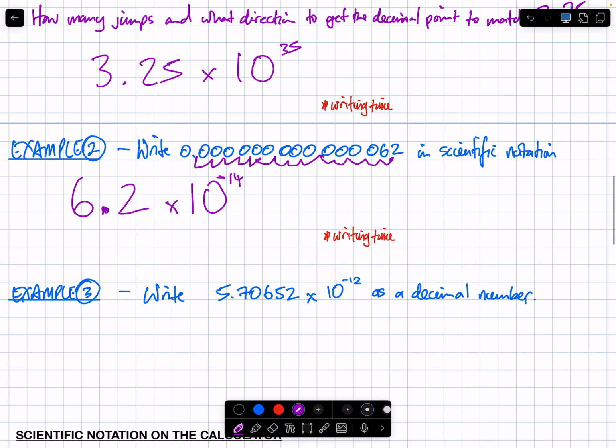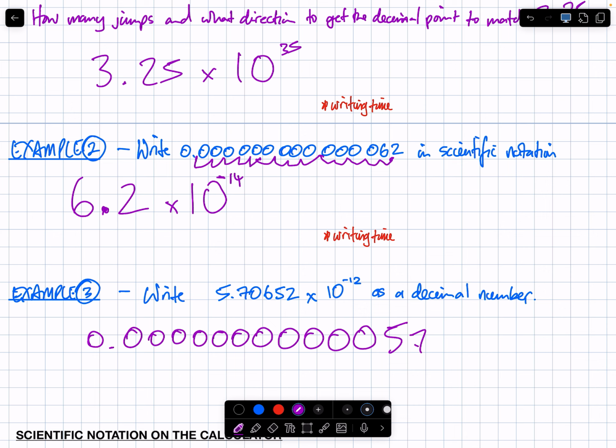We can check. Let's go 0.1, 2, 3, 4, 5, 6, 7, 8, 9, 10, 11. And then write these numbers here, 5, 7, 0, 6, 5, 2. We need to double check that agrees with this. Decimal point is over here.